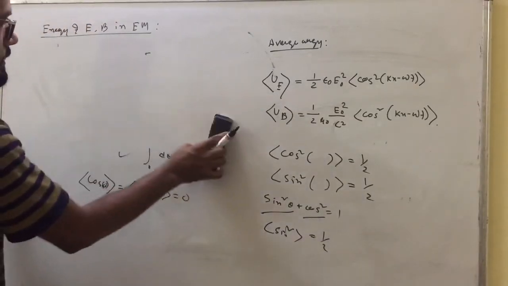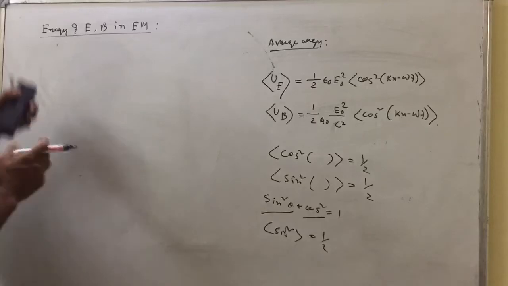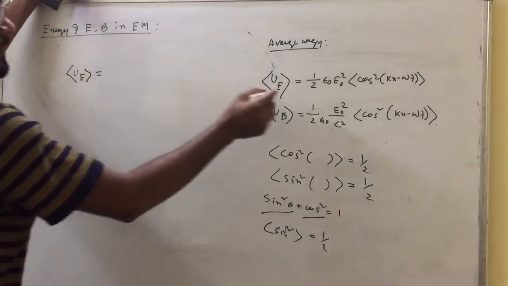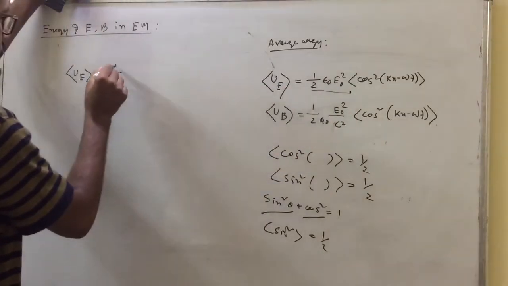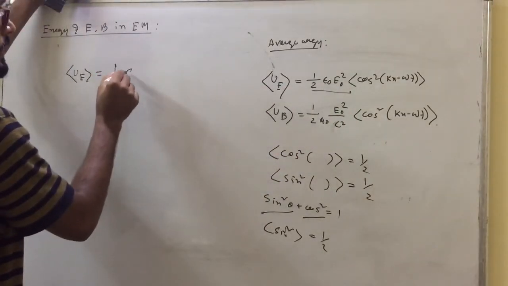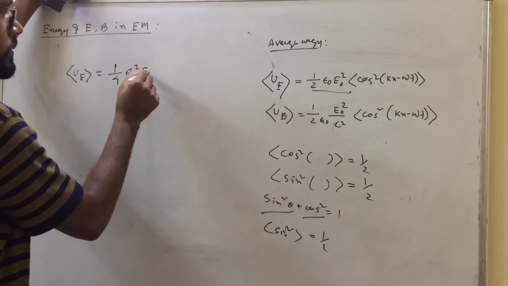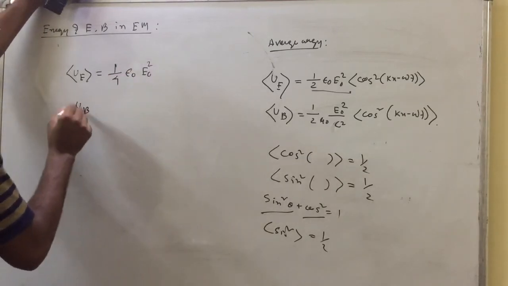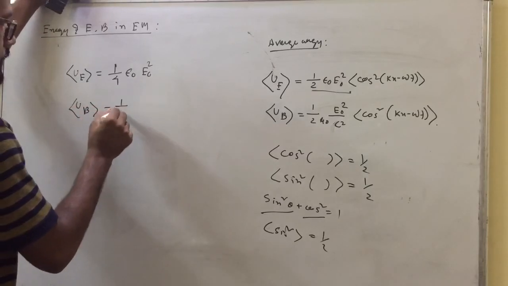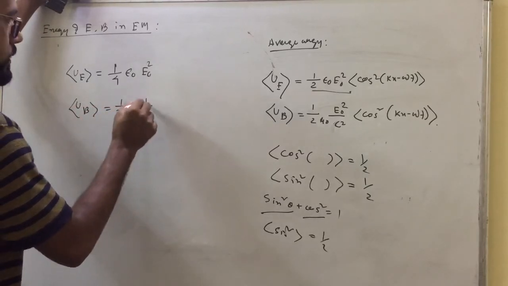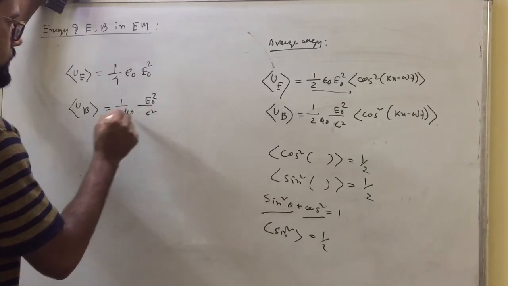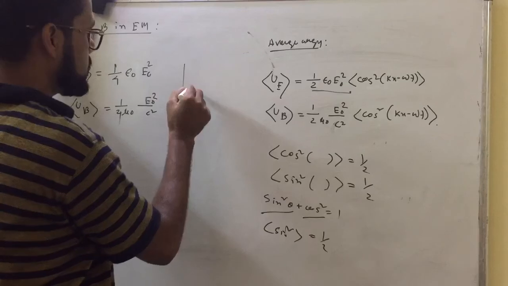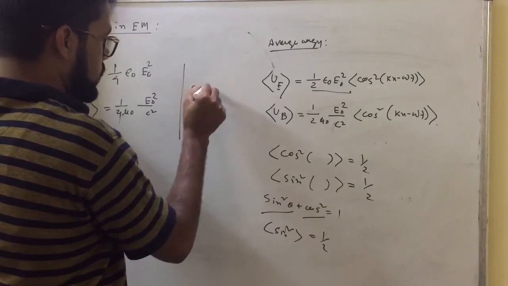Using that average value, the average electric energy is half, giving 1 by 4 epsilon naught E naught square. The average magnetic energy is 1 by 4 mu naught E naught square by C square.